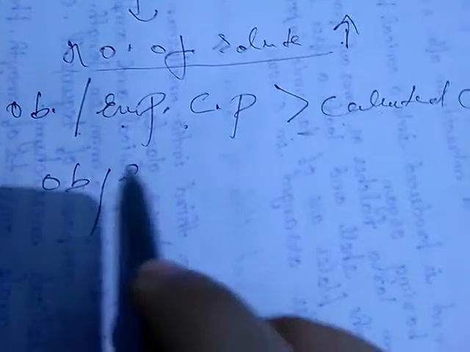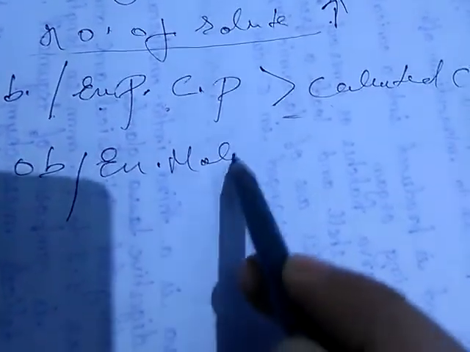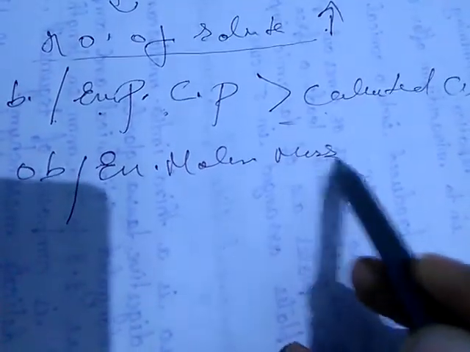Also the observed or experimental molecular mass will be less than the calculated or normal molecular mass. This would be the result, and we have to keep in mind that colligative property is inversely proportional to molecular mass. If colligative property increases, molecular mass decreases.